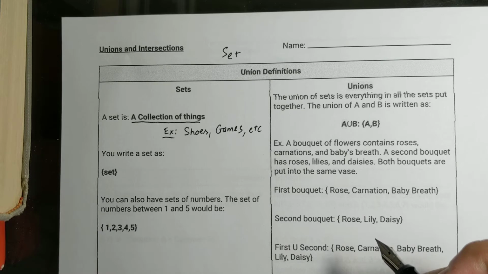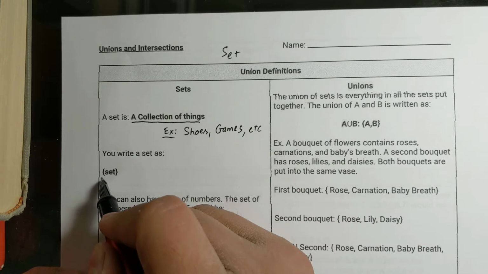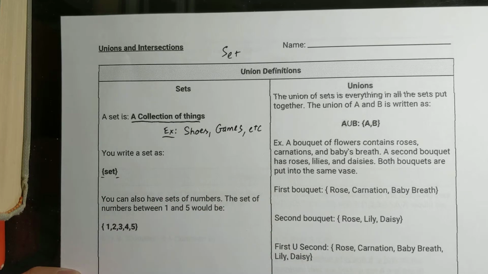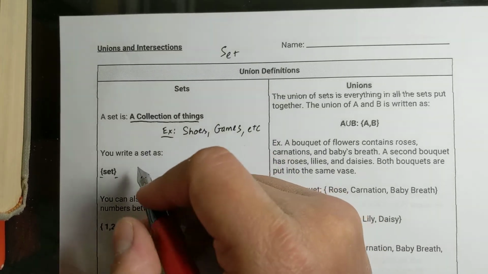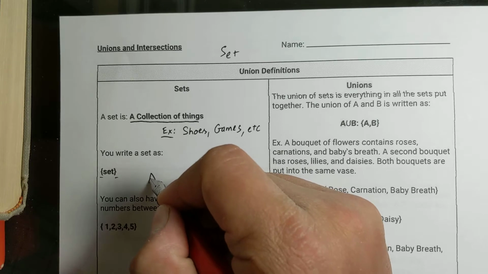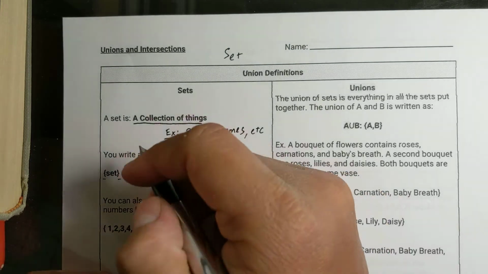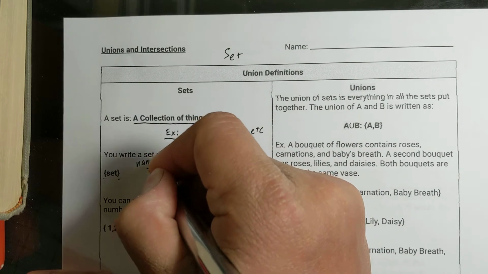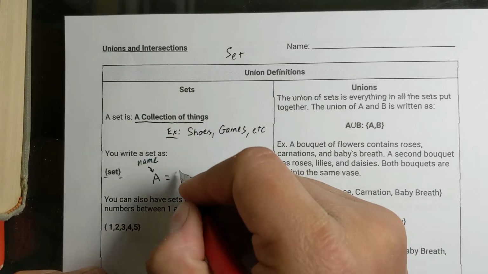When you write a set, you have to put curly brackets around it. Also, to be more specific for down the road, when you write a set, I need you to put the name in front of the set, and then the equal sign.